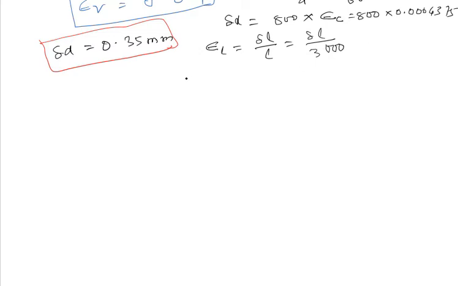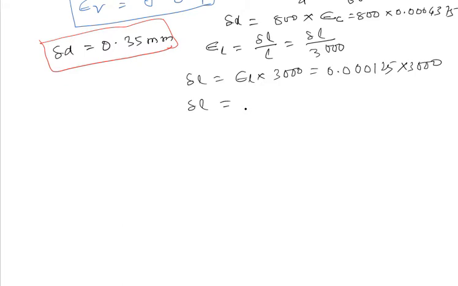Correct? Now delta L is equal to epsilon L into 3000. The value of epsilon L, longitudinal strain, is 0.000125, into 3000.